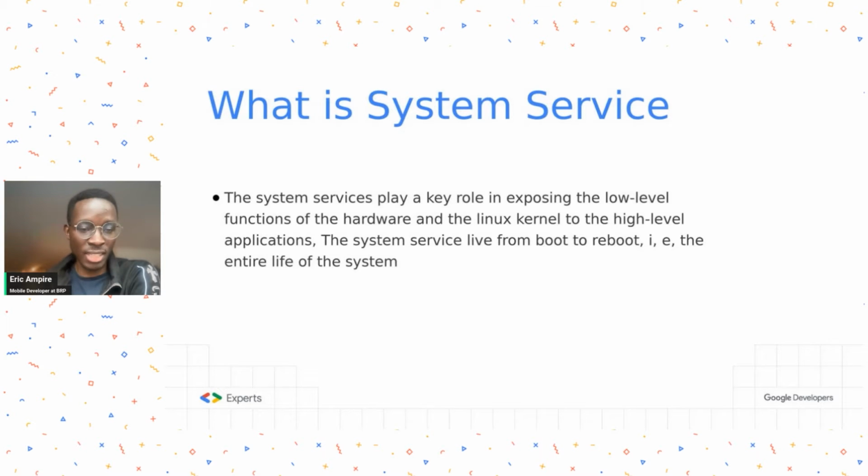By default, the Android operating system will not provide the API for that particular hardware. In that case, a system service will need to expose that low-level feature to the top level.